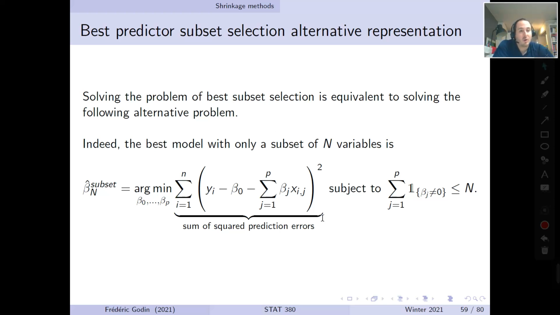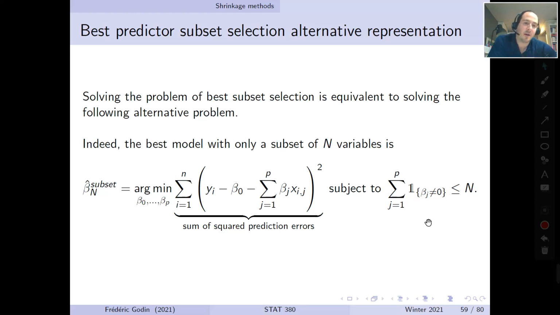If we want to find, for example, the best subset of exactly capital N predictors, which leads to the best possible regression, then it's equivalent to finding the set of betas which minimize the sum of squared prediction errors, again, subject to the following constraint: the sum of indicators, which are 1 if beta j is different than 0, and 0 if beta j is 0, must be smaller or equal to N.